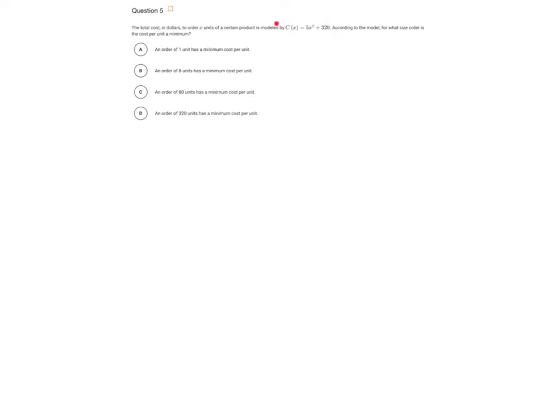Okay, so this function is not the cost per unit, right? So this function is not what we're trying to minimize. So we need to get a cost per unit function, some function that represents cost per unit, and then we'll find the minimum of that, and that means taking the derivative of that. Okay, so if the cost is that, and x is the number of units, then the cost per unit is just dividing by x.